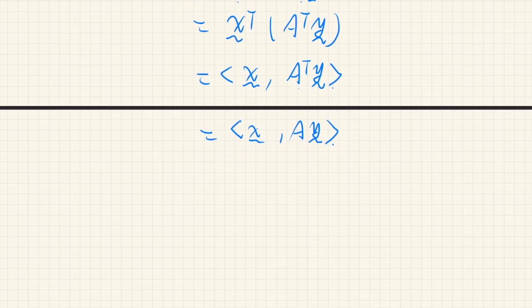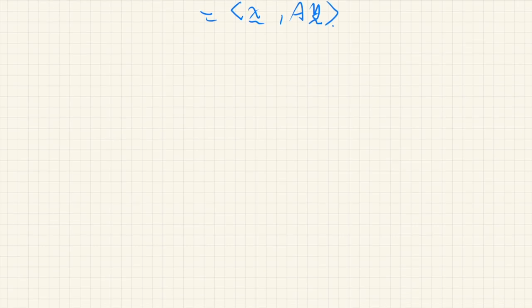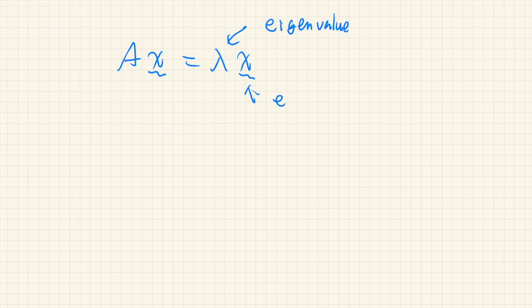Next, we want to prove that all the eigenvalues of a real symmetric matrix are real. But what are eigenvalues anyway? For any matrix A, if it satisfies the equation Ax equals lambda times x for some vector x, where lambda is a scalar, then this lambda is called an eigenvalue, and this vector x is called the corresponding eigenvector.